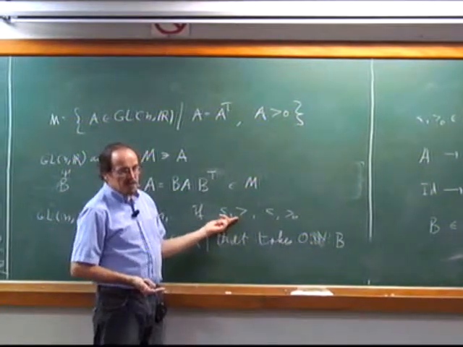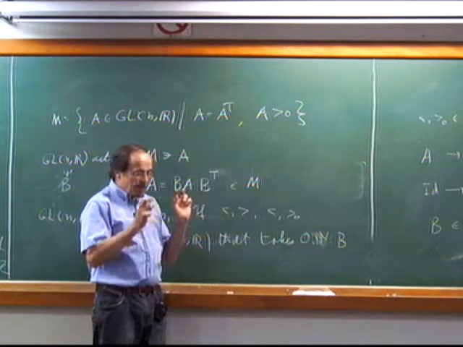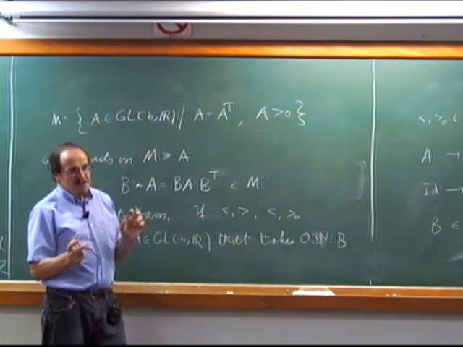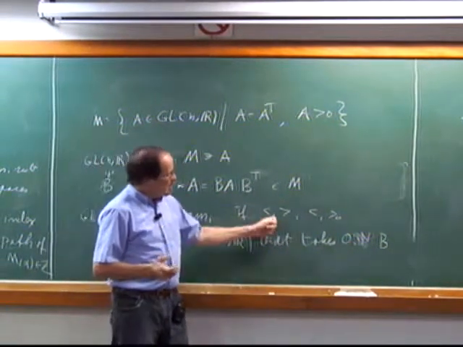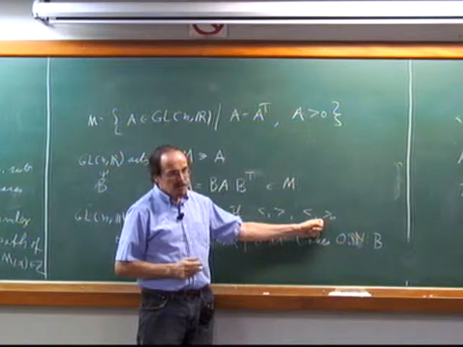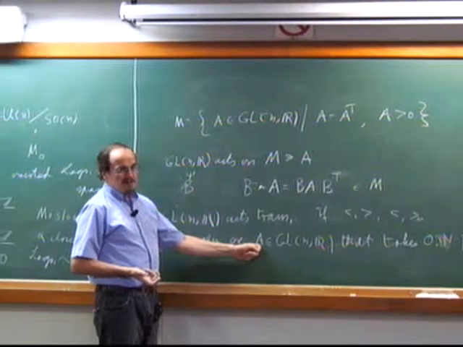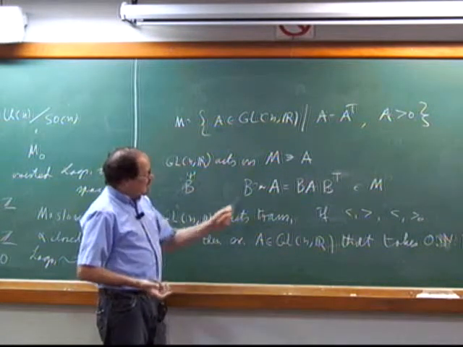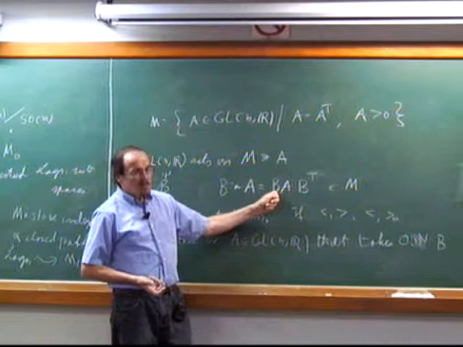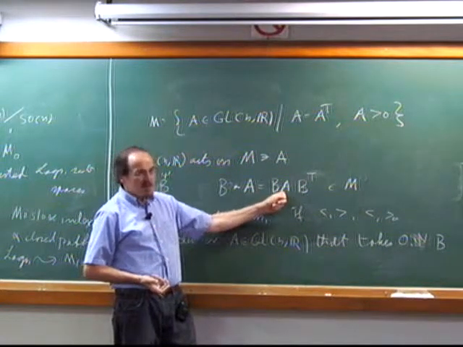Each one has an orthonormal basis. To describe an inner product is equivalent to saying what an orthonormal basis is. So choose one here and choose one here, arbitrarily. Now there's an element in GL_n(R) which takes one to the other, like a basis change. And that's what this does. This is like a basis change, or the matrix A, which describes my inner product.